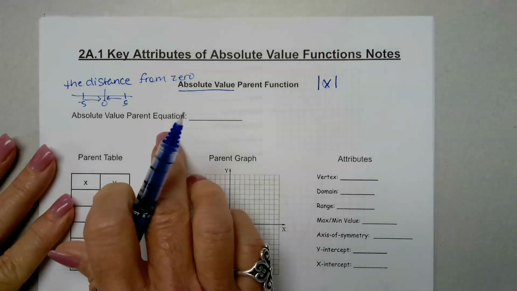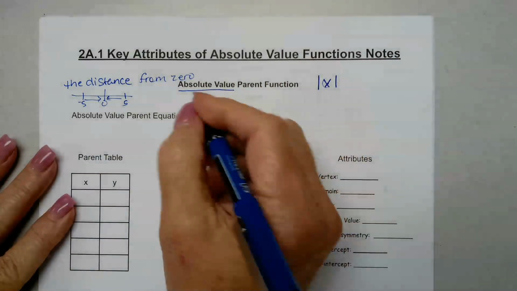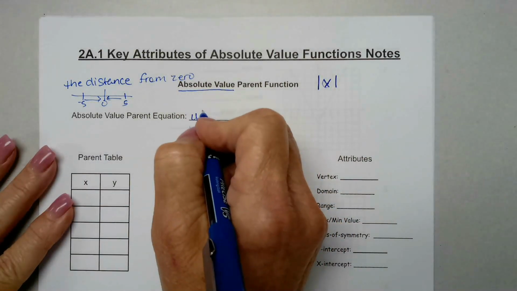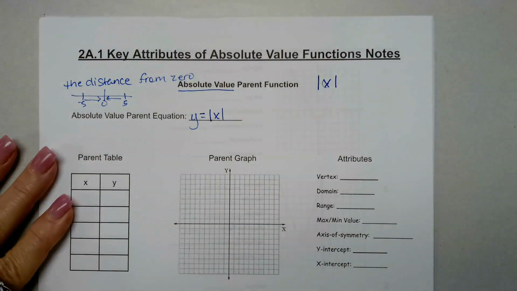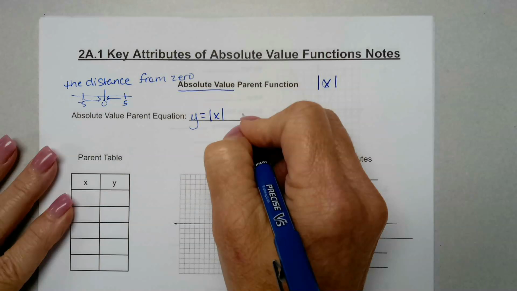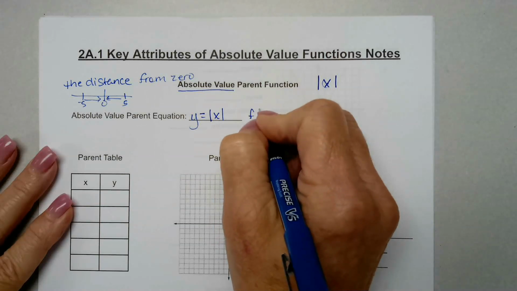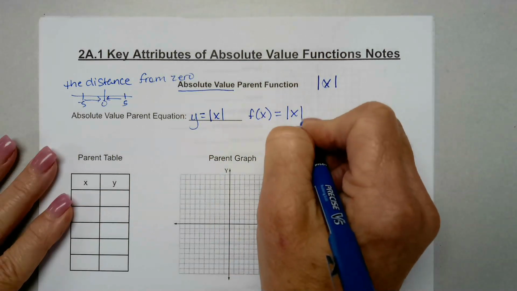So when we're dealing with the absolute value to graph it, in Algebra 1, you used y equals the absolute value of x. And now we're going to use function notation, which looks like f of x equals the absolute value of x.